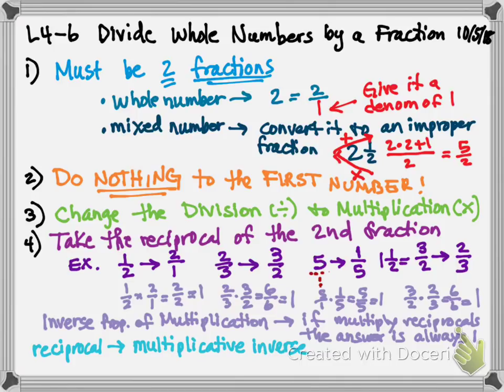Okay, so moving on. We have 2 fractions. We do nothing to the first fraction. Change the division symbol to the multiplication symbol. Take the reciprocal of the second fraction.